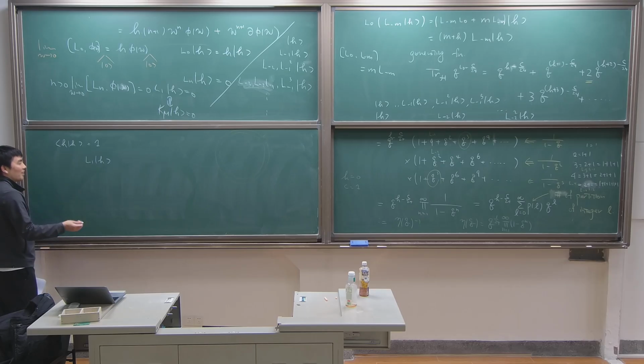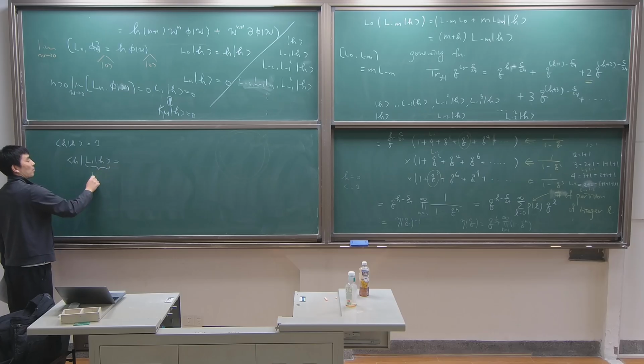For instance, if you take the inner product of H itself with this conjugate, this becomes what? This becomes what? Speak up. So this one is descendant, level 1 descendant.